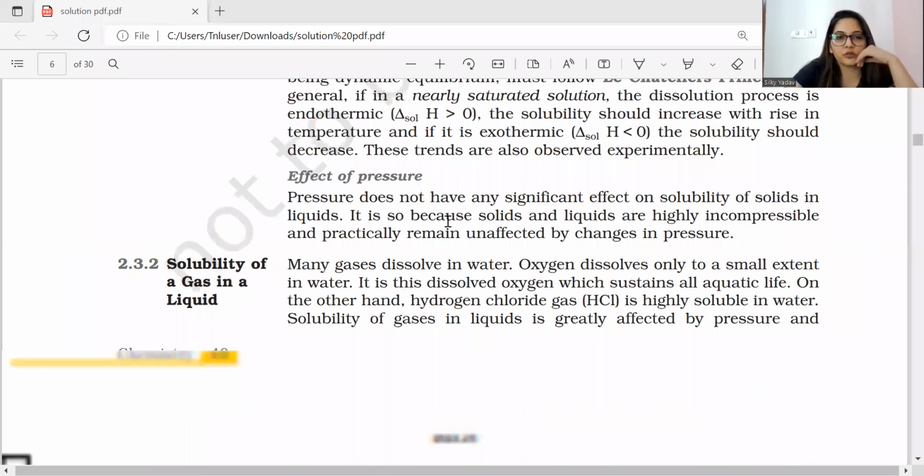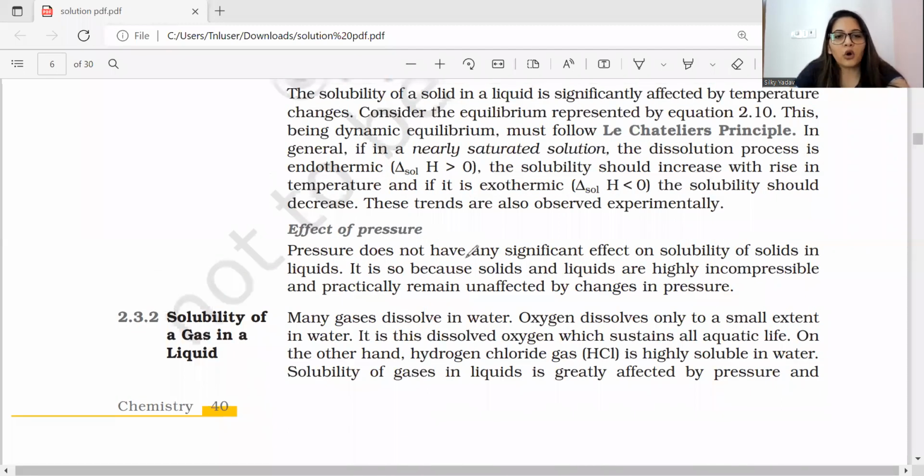Now, effect of pressure. Pressure does not have any significant effect on the solubility of a solid in a liquid. I told you this earlier also, that if we talk about a solid dissolved in a liquid, temperature plays a very vital role. But if we talk about pressure, it hardly contributes to this.